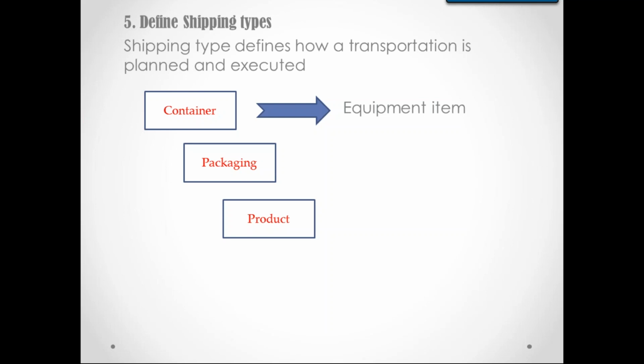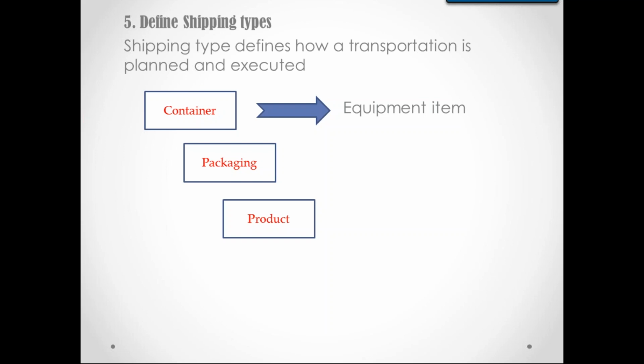In the same way, if you are sending, for example, 1 ton of iron ore, do you think you want to book a full container or a full truck? 1 ton cannot be accommodated in half a truck, so you have to book one full truck.